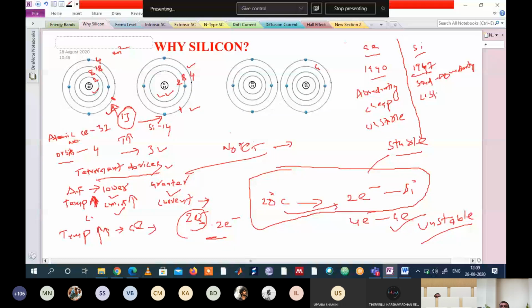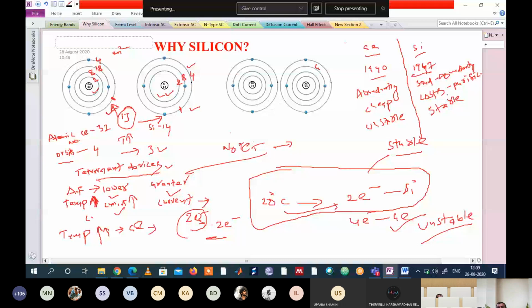So purification takes more cost. And is it stable or unstable? Stable. So even though it takes more cost for purification, silicon devices are more preferred than germanium devices.